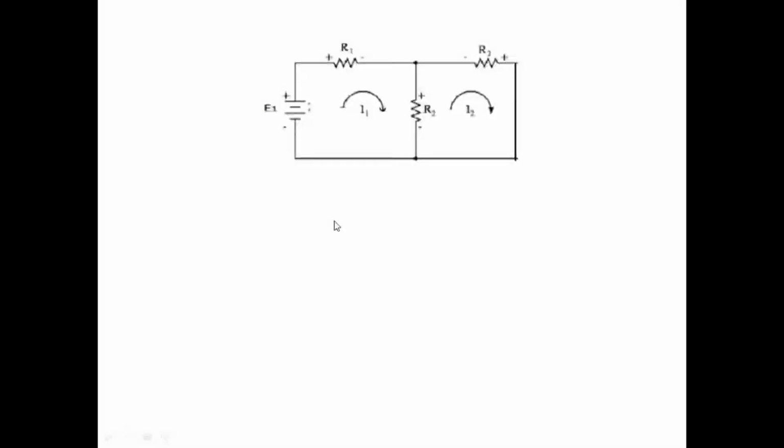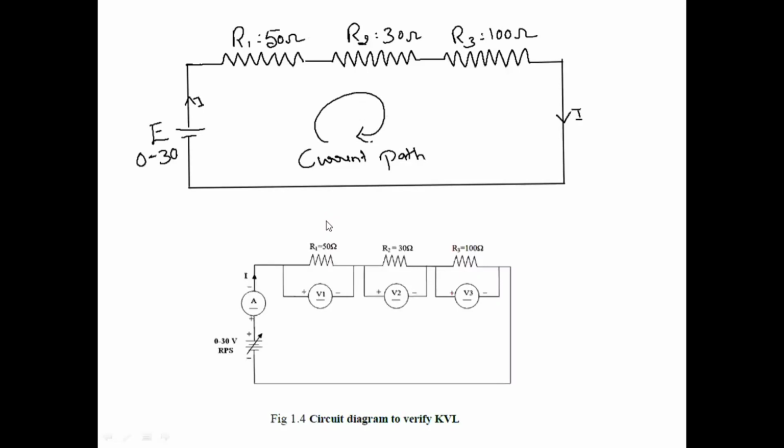This is about Kirchhoff's current law. Similarly, let us go for Kirchhoff's voltage law. So here we have three different resistors connected in series, and we need to apply Kirchhoff's voltage law for this circuit, and we will verify the theoretical as well as the practical readings.